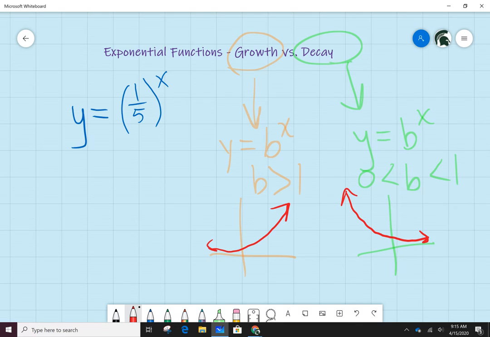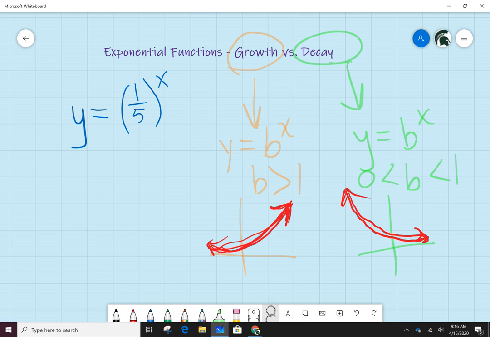So on a growth function, as you increase the exponent, it moves away from 0. And in a decay function, you move towards 0 as you increase the exponent.